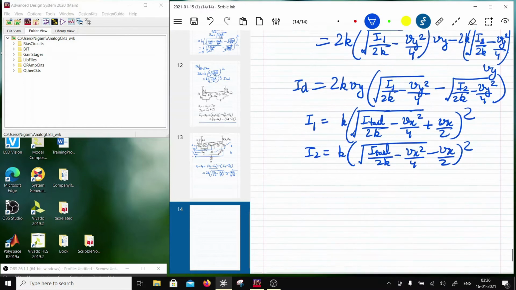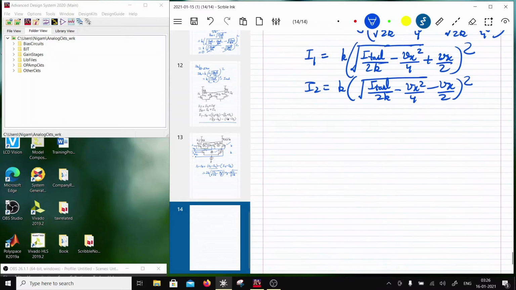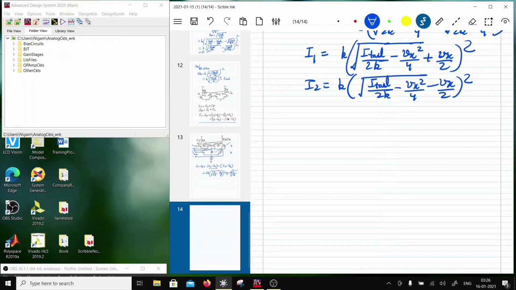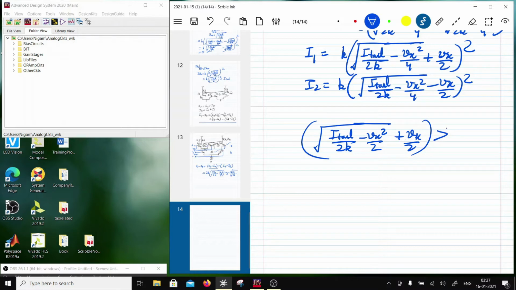Correct? So now I'm going to substitute this in that, and for a condition that I tail by twice of K minus Vx square by 2 plus Vx by 2 for this condition, this is going to be much greater than Vy by 2.